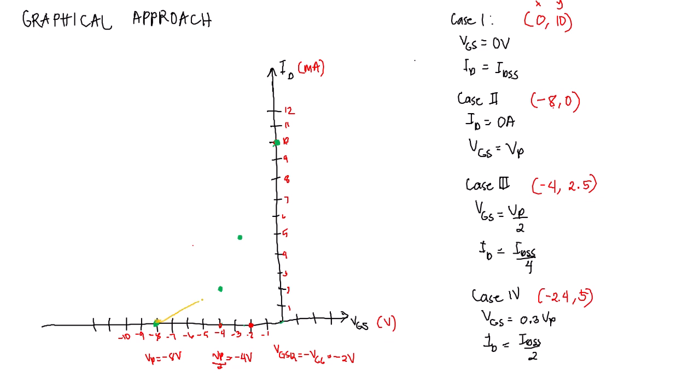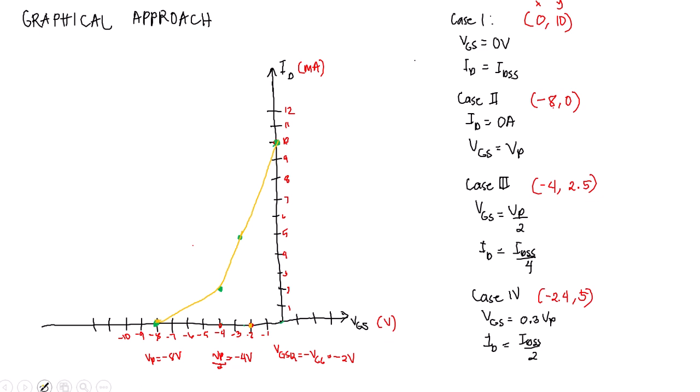We have something like this. So this is our transfer characteristic curve. Our VGSQ, which is equal to negative VGG, which is equal to negative 2 volts, will be somewhere in here.